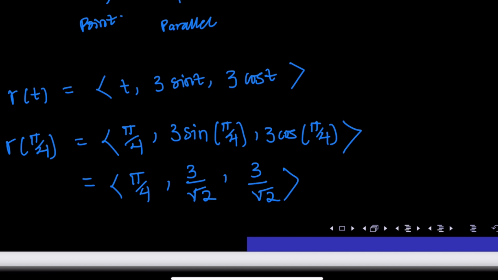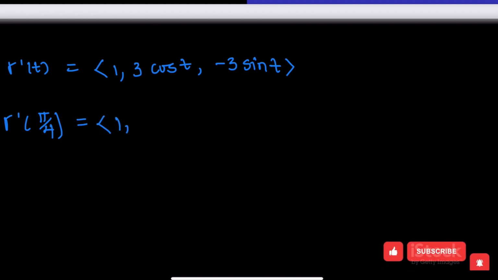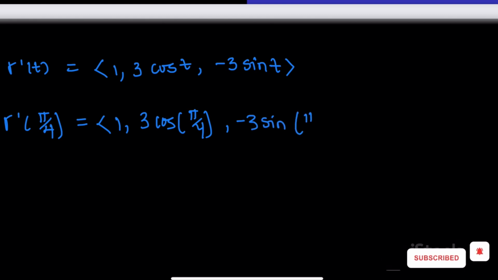Now let's move on to find the parallel vector. We had our tangent vector given as 1, 3 cosine of t, minus 3 sine of t. We now compute a vector which is parallel to this tangent vector at t equal to pi on 4. So we are going to have 1, 3 cosine of pi on 4, minus 3 sine of pi over 4.